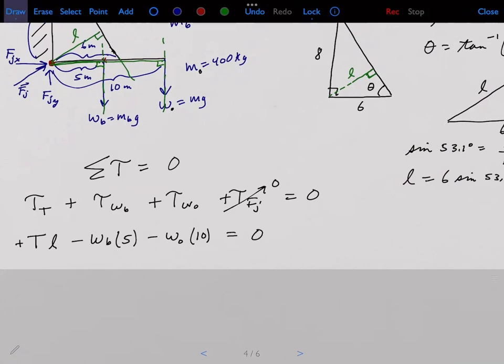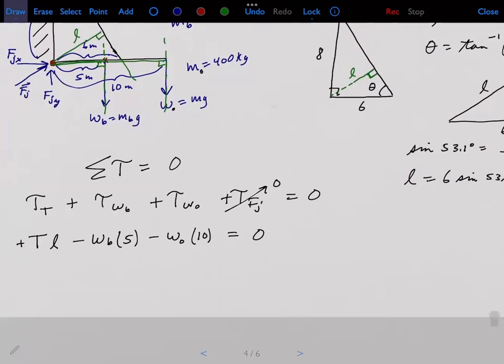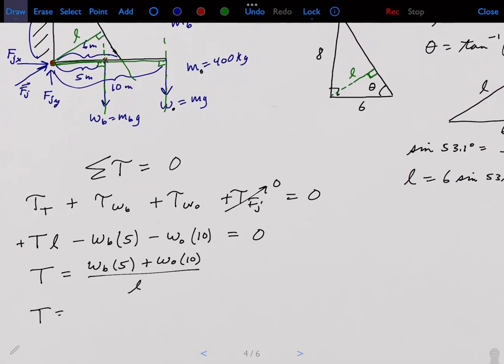Okay, so I can solve this for the tension now. So tension, I'll bring these two terms to the other side, divided by L, right? So now if I plug in, this is what?